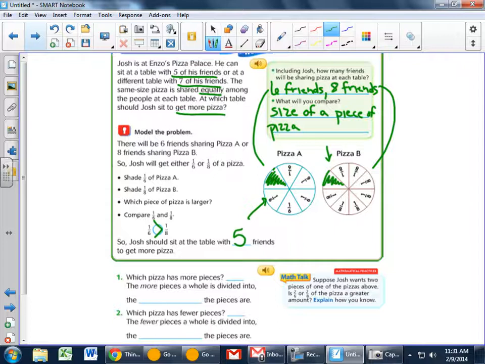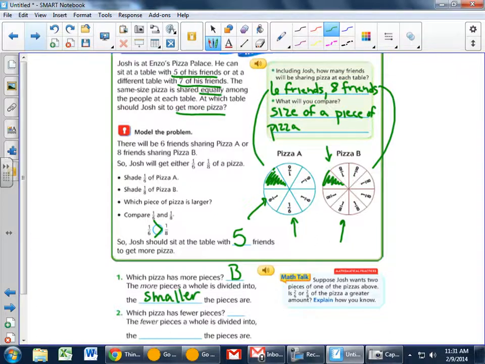Okay. Using the same pictures, let's look at the questions below. Which pizza has more pieces? So looking at our denominator, this one is split into 6 and this one is split into 8. So the pizza with more pieces would be pizza B because our denominator is 8. So it is divided into 8 pieces, but the more pieces a whole is divided into, the smaller the pieces are.